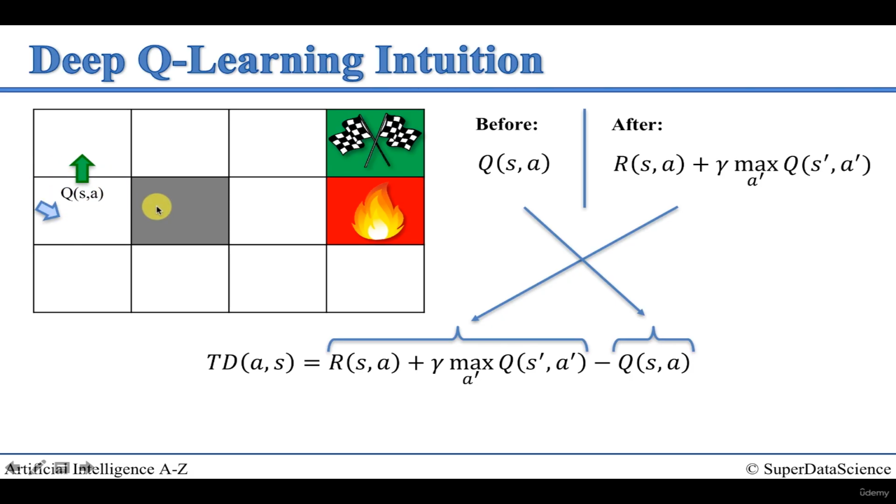Then the agent stored this value for the future. And now the future has come. So now he's in the square again. And now he's got these Q values, which is predicted. And one of them is for going up. So now what he's going to do is compare the predicted value of Q to this value which he had recorded from the previous time. And we'll understand exactly why this is important right now.